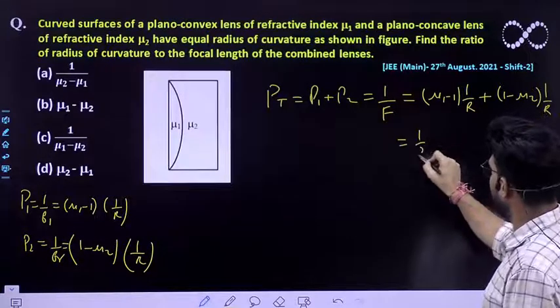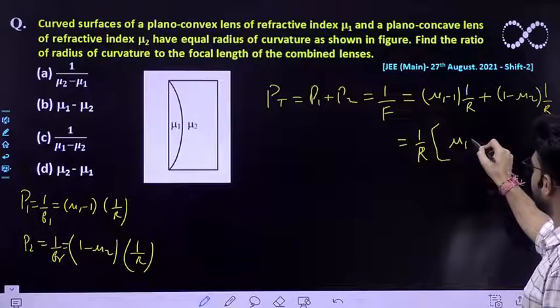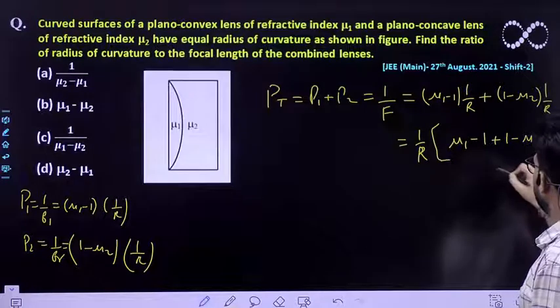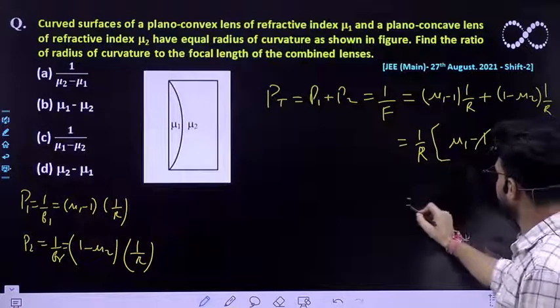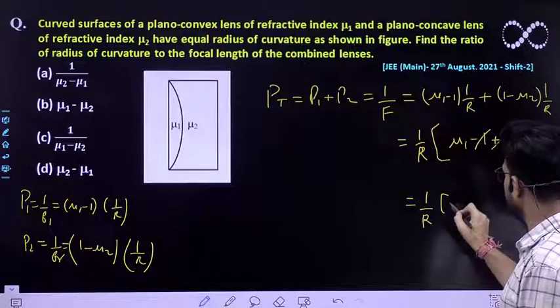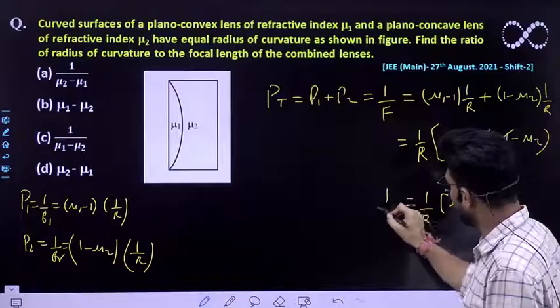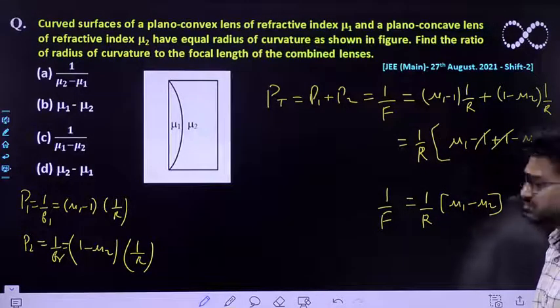So 1 upon r, you'll take as common, so eventually you'll get 1 upon r times (mu1 minus 1 plus 1 minus mu2). So these would cancel out each other. Eventually you'll be getting 1 upon F is (mu1 minus mu2) times 1 upon r. This is the effective focal length of the combination of these two lenses.